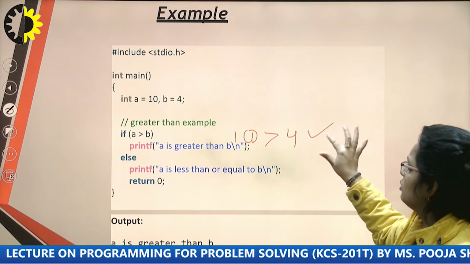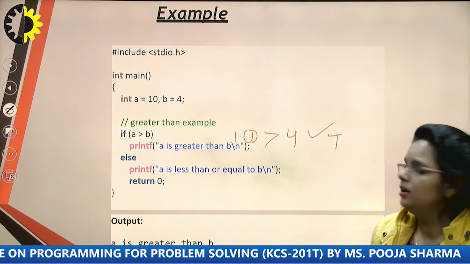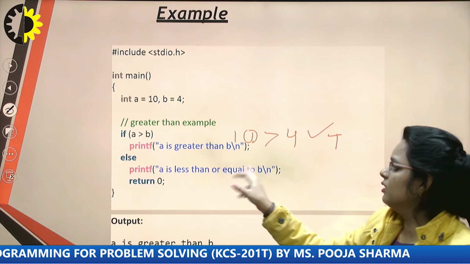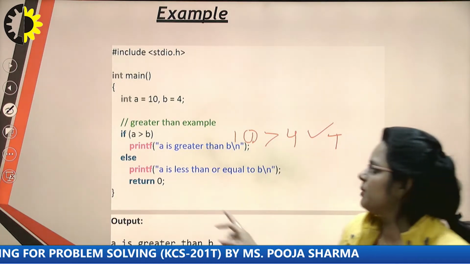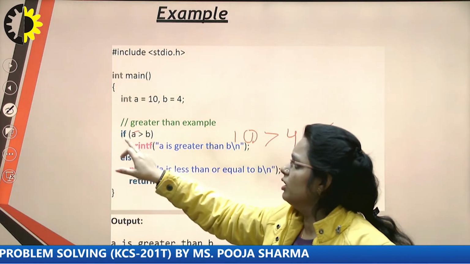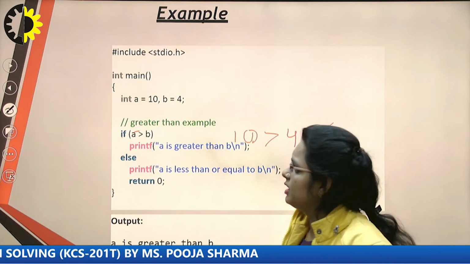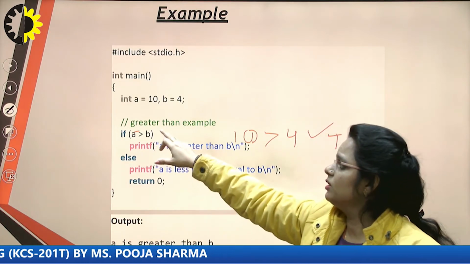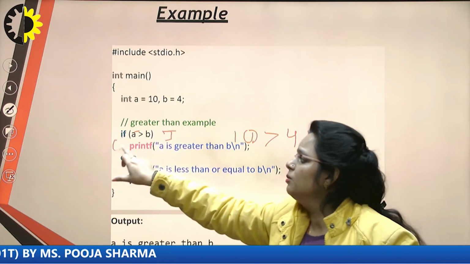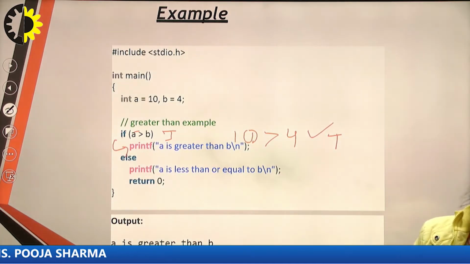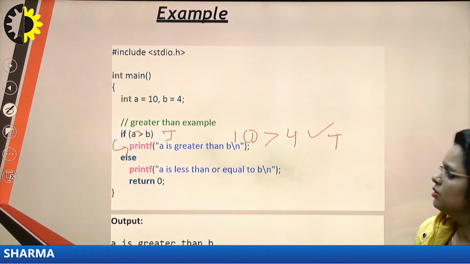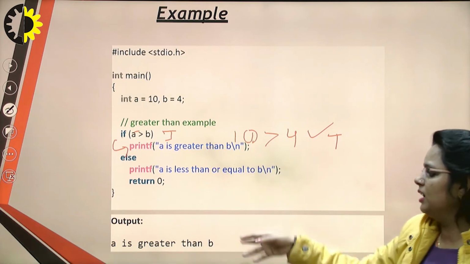So this condition is true, so it is going to return 1. Else printf a is less than or equal to b. We are not going to move to the else part, because this condition is true. This is an if-else statement. If this particular condition is true, then it would move to the immediately next instruction written below it. So this statement is going to print a is greater than b.